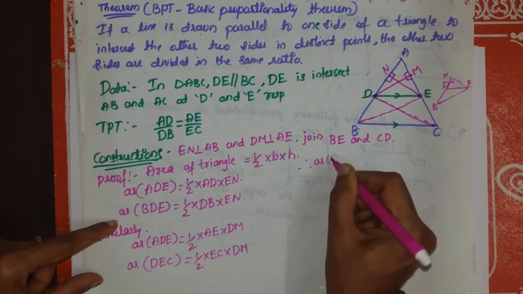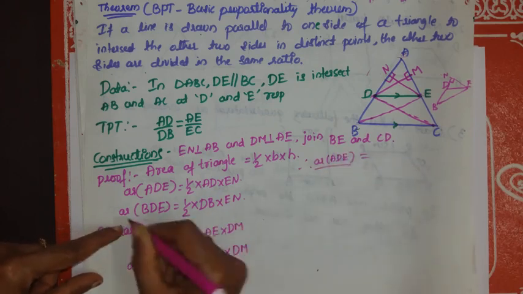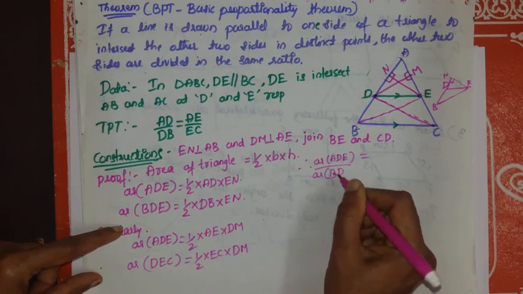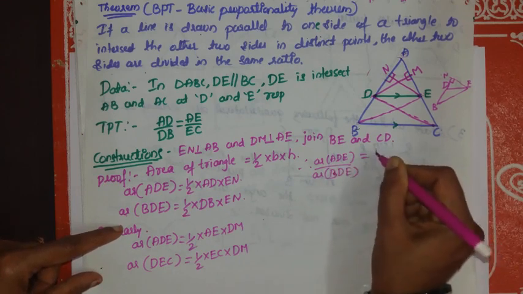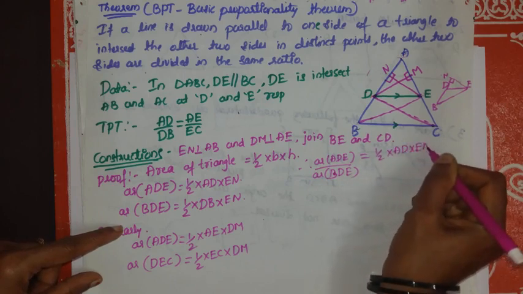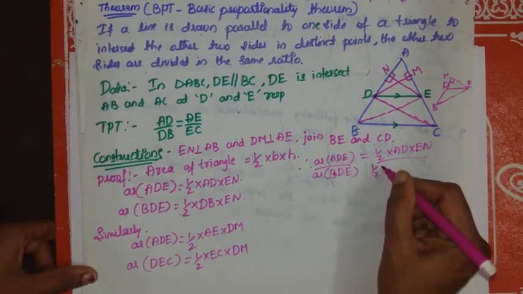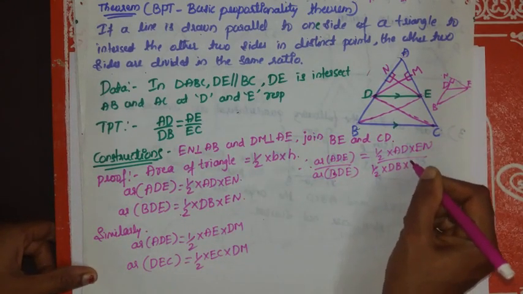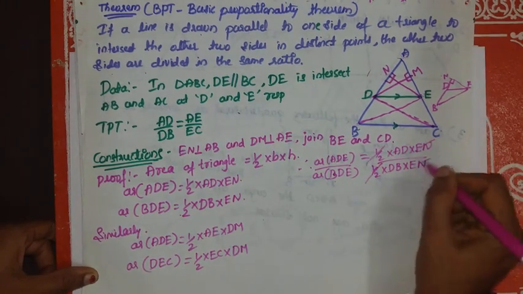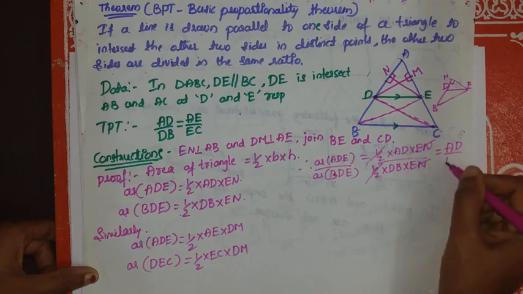Therefore the ratio of area of ADE to area of BDE equals half into AD into EN divided by half into DB into EN. Half gets cancelled, EN gets cancelled, then we have AD by DB.